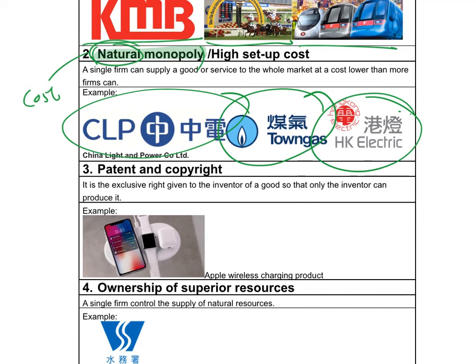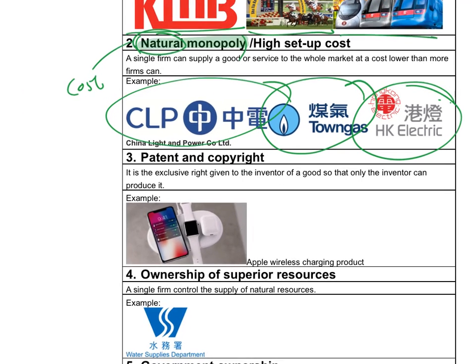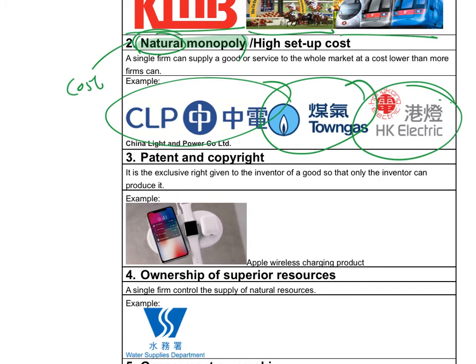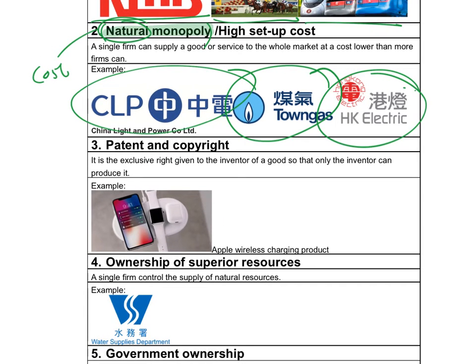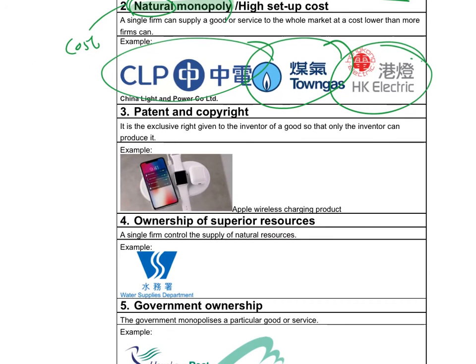But it's not a government franchise. Just no one wants to do that anymore, because the cost to set up the factories and the network is so huge. No one wants to join, because they cannot get back the investment cost from the business. So they do not enter the market. That's called natural monopoly.